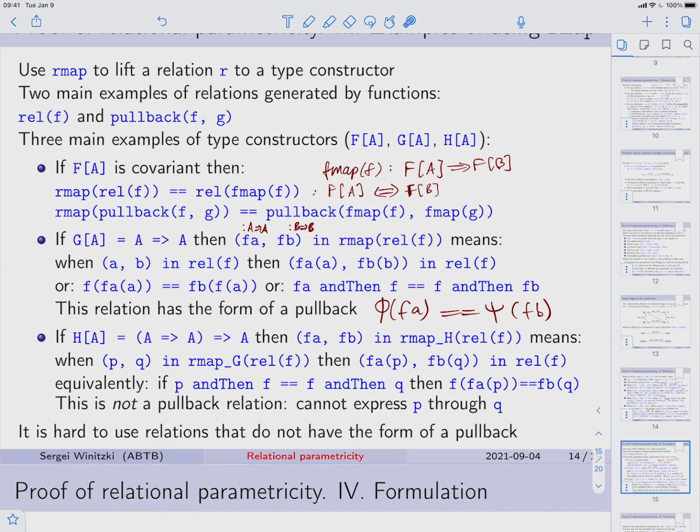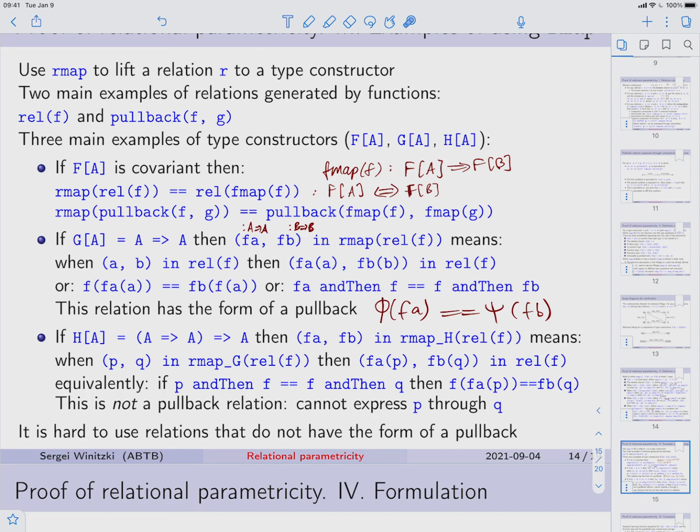So the conclusion here is that with this type constructor, lifting even a simple functional relation to that type constructor produces a relation that is not in a pullback form. It is a complicated relation with arbitrary arguments of functional type, and they must satisfy some complicated condition, and only for those there must be some other complicated condition.